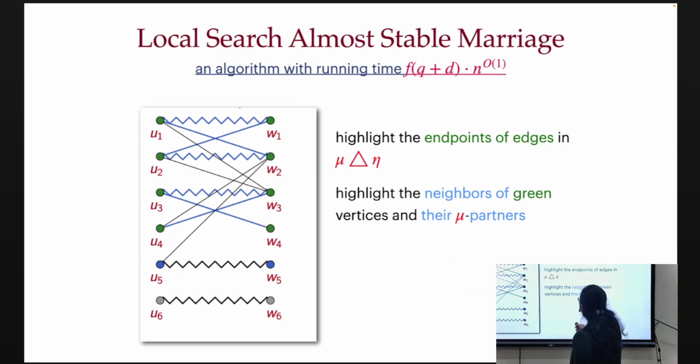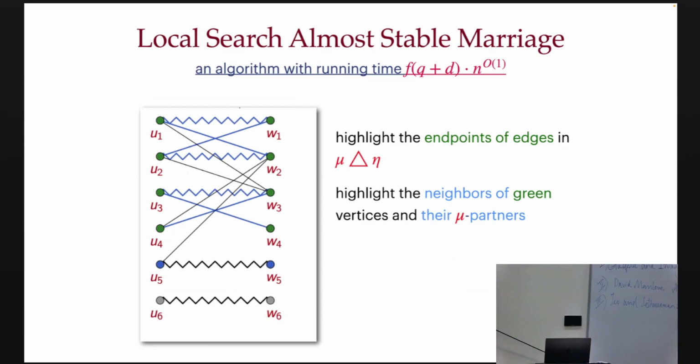I do not know if this color is visible, but these green vertices are my symmetric difference vertices. And basically what do I want to do? I want to separate my solution from the rest of the graph.